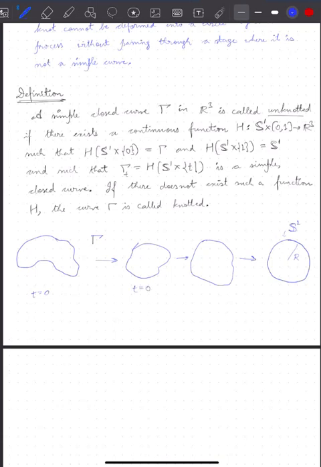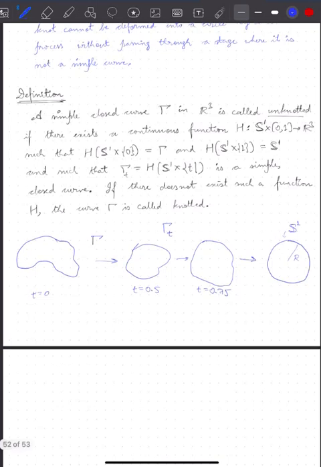So this is at say 0.5, this at say 0.75, which means that we have a mapping which continuously deforms this arbitrarily shaped curve into a circle. Since in this case we are able to define such a mapping h, which takes us from this arbitrarily shaped closed curve to a circle, we can say that this curve gamma is unknotted.